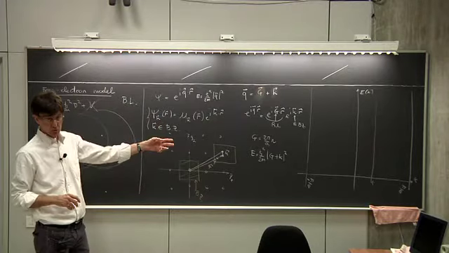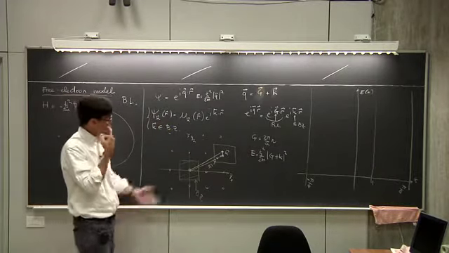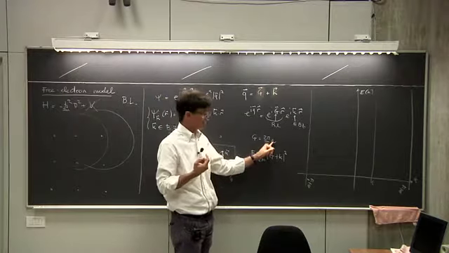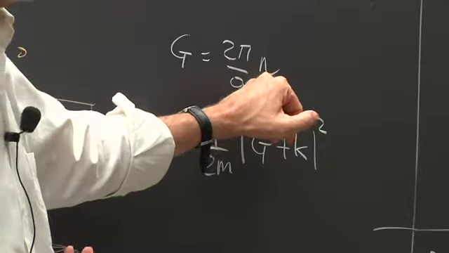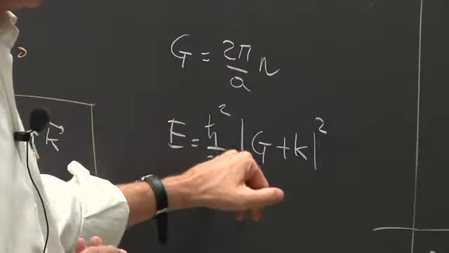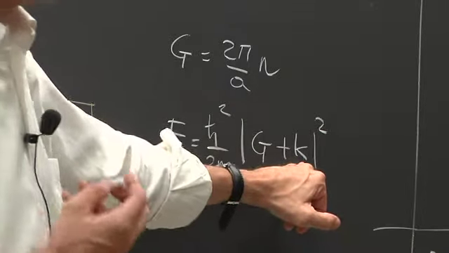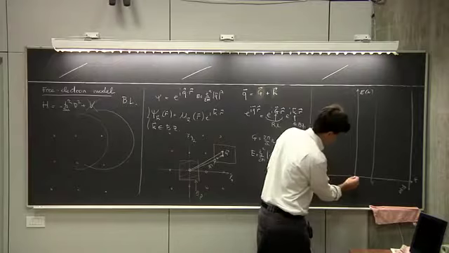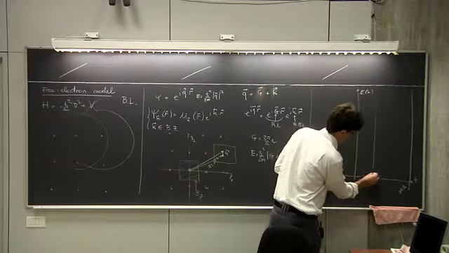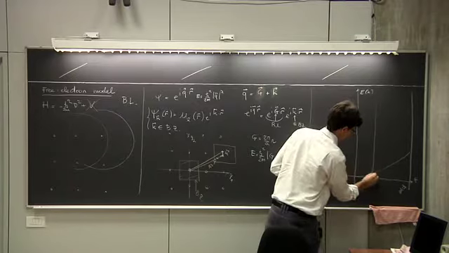So let me draw the solutions now on the blackboard. Let me start with G equals 0, n equals 0. The energy is ħ squared over 2m k squared. So k squared means that it's a parabola. Here you go.